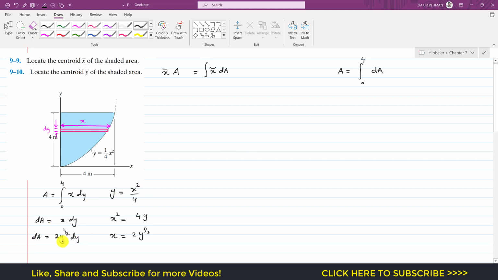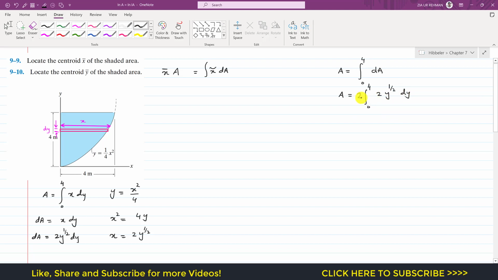Now I need to put this dA in this equation. So the area, that blue shaded area, is equal to the integral from 0 to 4 of 2y to the power 1 divided by 2 dy.